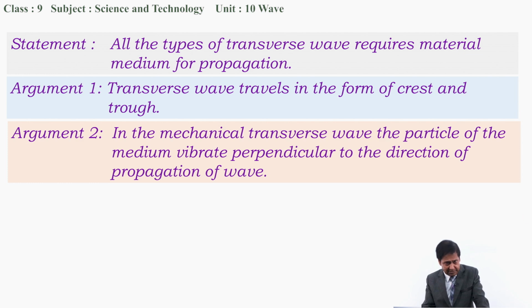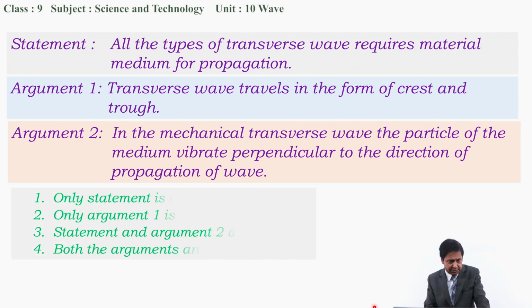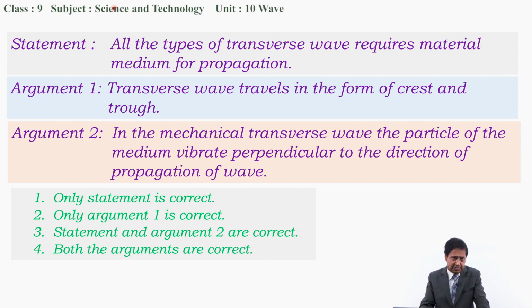Looking at all these, we have to select one of the options, either first or second or third or fourth. Number 1, only the statement is correct. Is it? All the types of transverse wave require material medium for propagation. This is not correct because the electromagnetic wave is transverse in nature, because electric field and magnetic field are produced at right angles to each other.